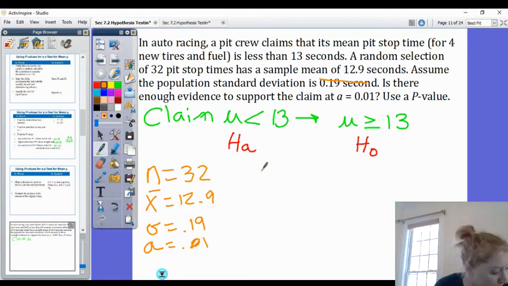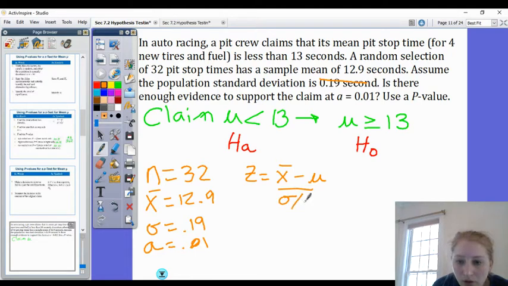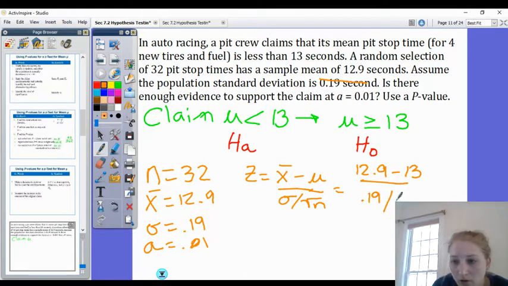Okay, so let's find out the z-score. Remember the formula: x bar minus mu divided by the population standard deviation over the square root of n. So I'm going to get 12.9 minus 13, all divided by 0.19 over the square root of 32.